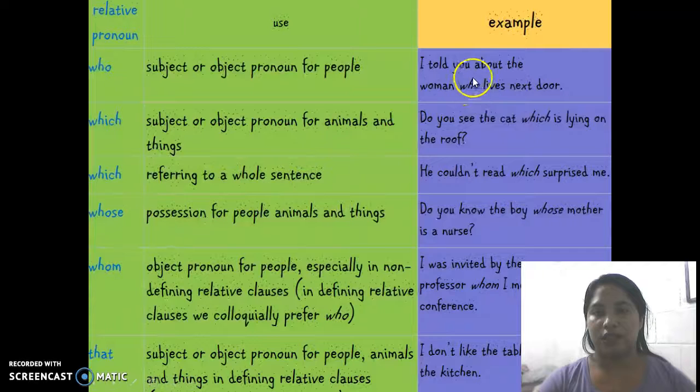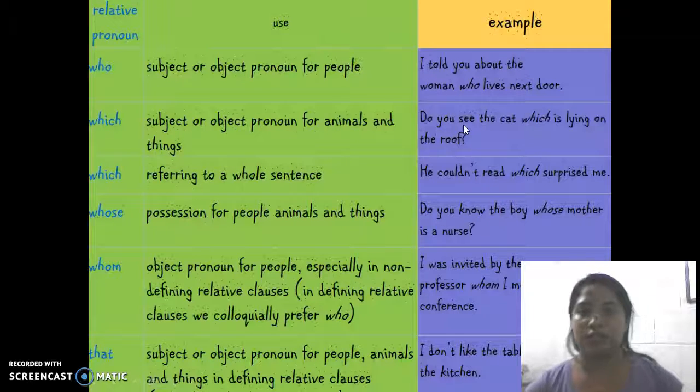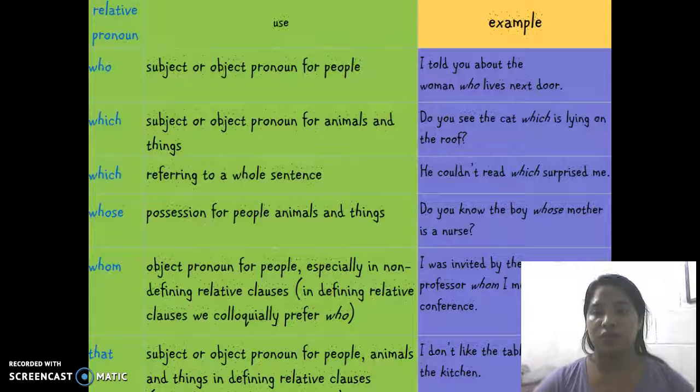So this is the relative pronoun, and the woman is the person it is referring to. Which is used as a subject or object pronoun and is used for animals and things. The example is, do you see the cat which is lying on the roof?